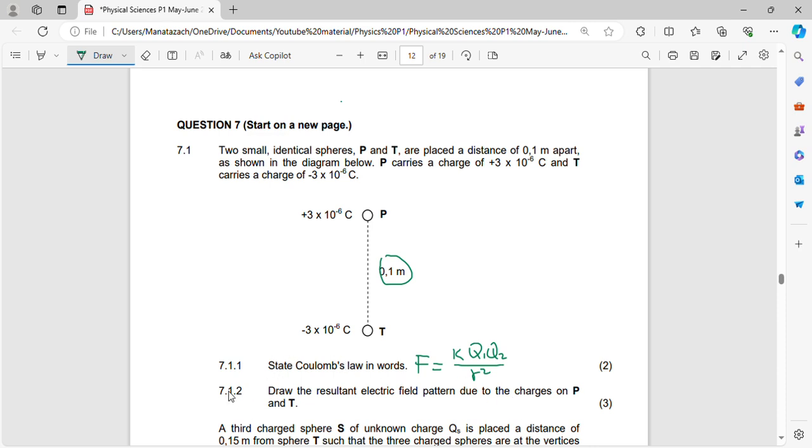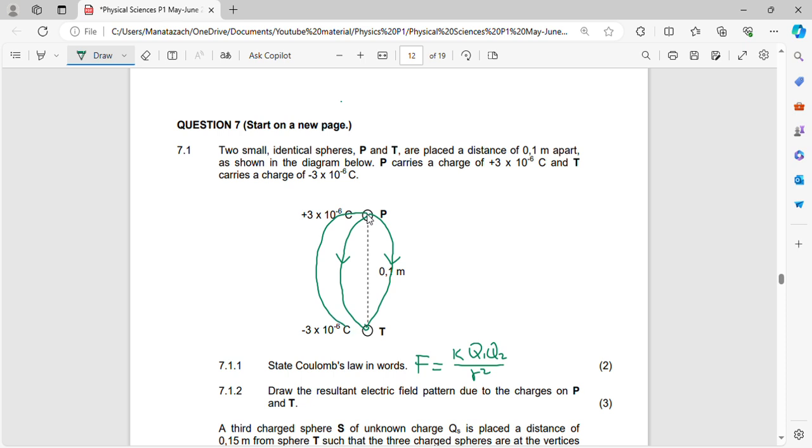Then the second question, 7.1.2: draw the resultant electric field pattern due to the charges at point P and T. So since point P is the positive charge and point T is the negative charge, the electric field will move from point P, the positive charge, to the negative charge.